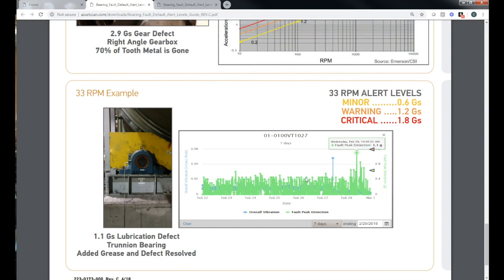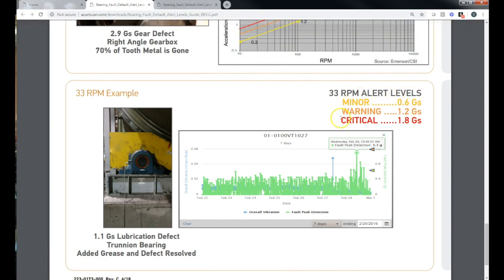Upon moving it to the second bearing, they saw an alert condition. The prescriptive task on a minor alert on ultrasonic is to field inspect and lubricate. They greased this bearing, and the readings went down, indicating the problem or friction had subsided.